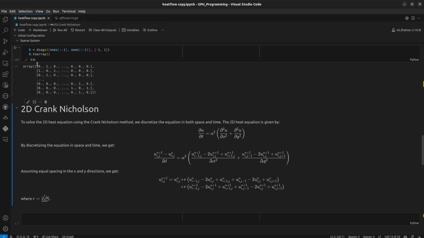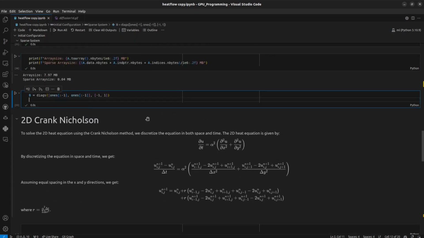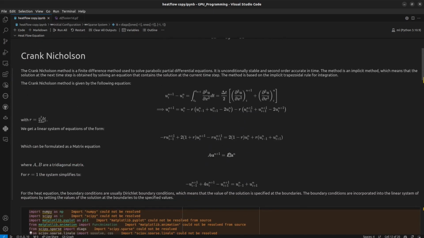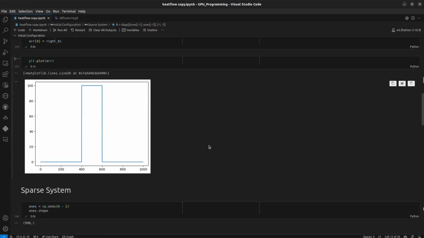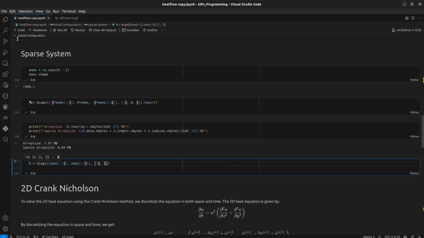Okay, as you can see, on the main diagonal it's just zeros, and on the first two off diagonals it's going to be 1s. Okay, now that we have both matrices that we're going to use to solve this equation, we can actually try to solve it.